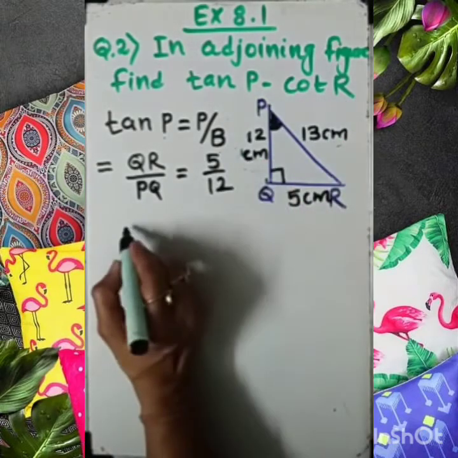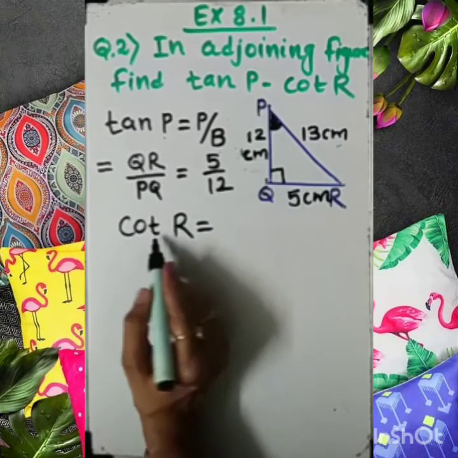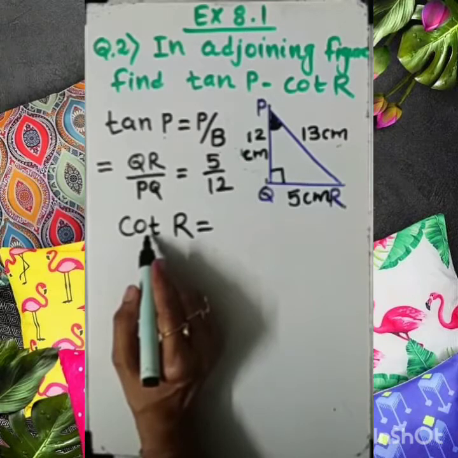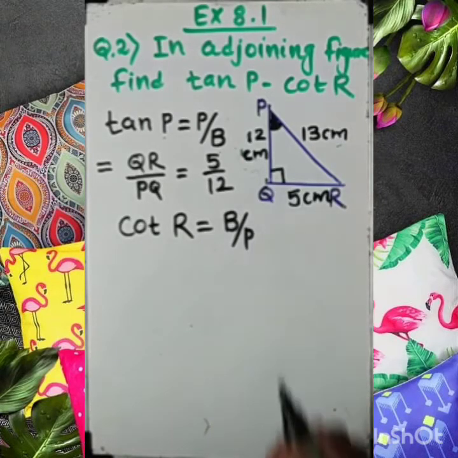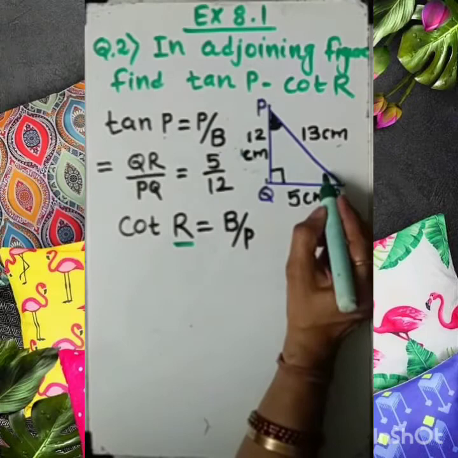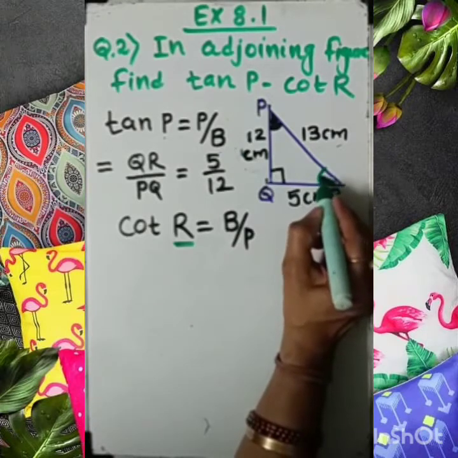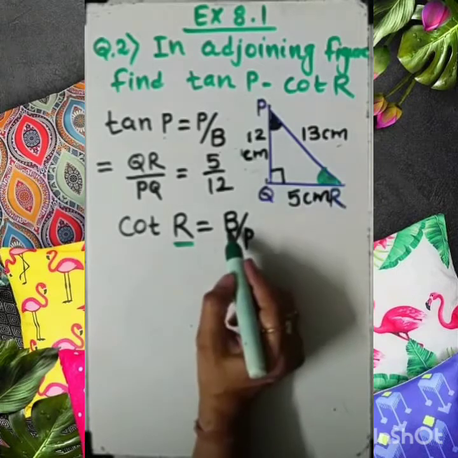Let's focus on cot R. Dear student, first remember about cot. Cot means base upon perpendicular, right? Now one more thing, here it is angle R. We need to consider R as the angle. Keeping R in mind, what will be the base here?